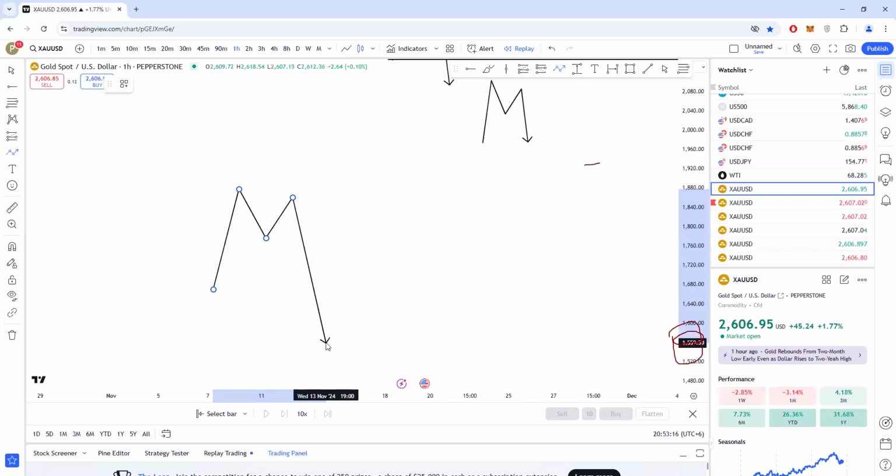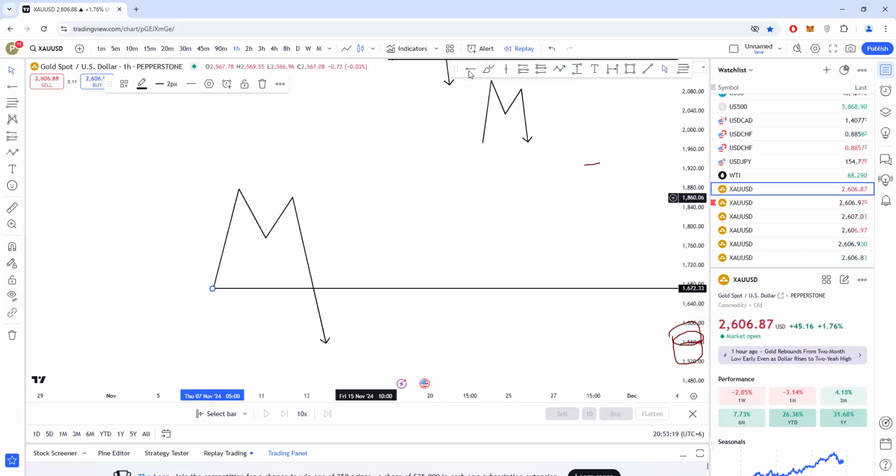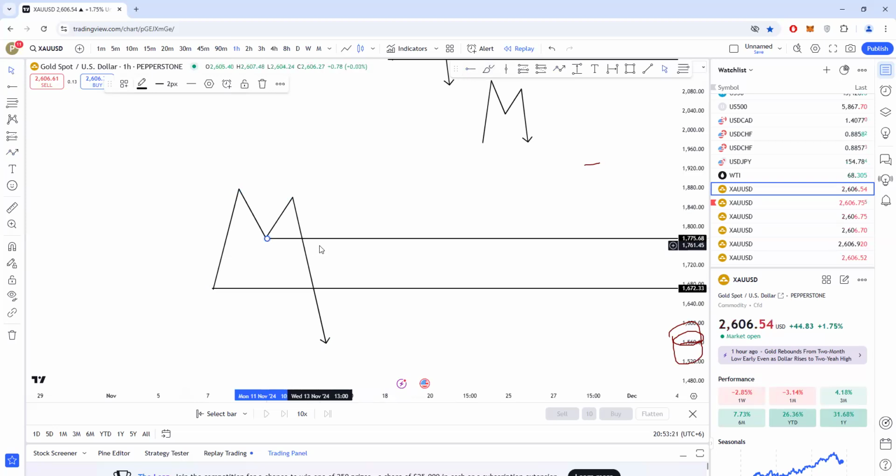I said we need two breakouts. So this is breakout number 1, this is breakout number 2. This is the breakout number 1 and this is the breakout number 2.